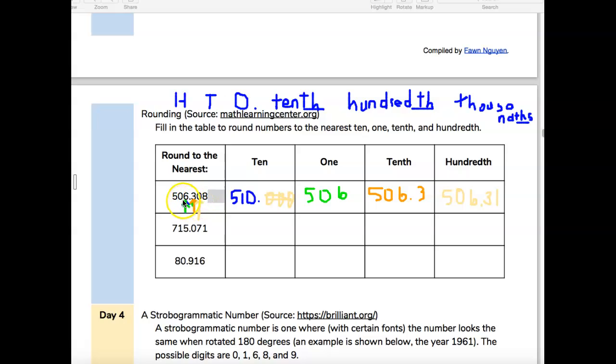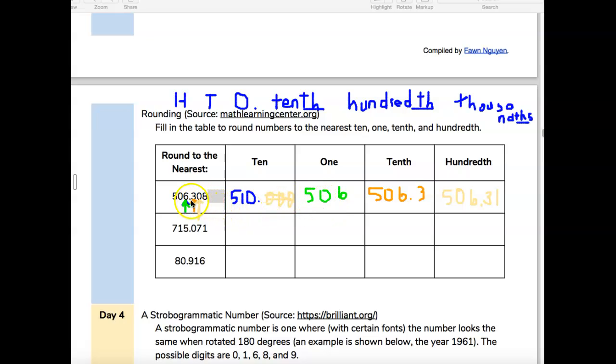Are we on ones? Okay, I'm confusing you. So we're rounding to the nearest ones. If the next number is 0, 1, 2, 3, or 4, we keep the 6. We don't add 1 to it. So it would be 506.